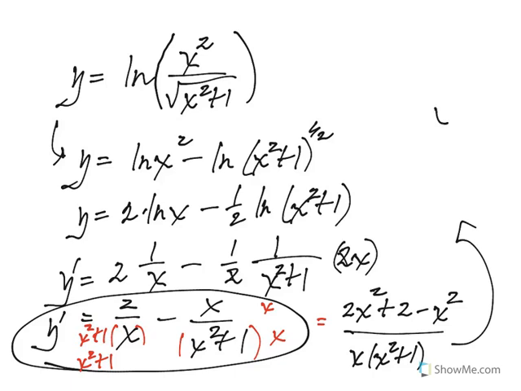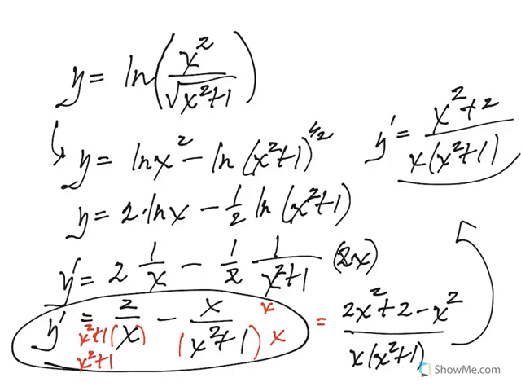Combine like terms. This gives me x squared plus 2 all over x times x squared plus 1. And that then is a simplified version. Whew, okay.